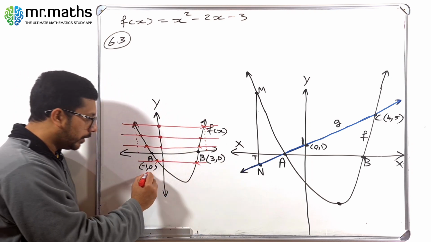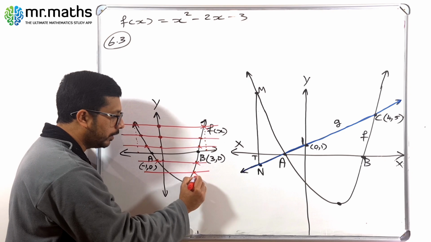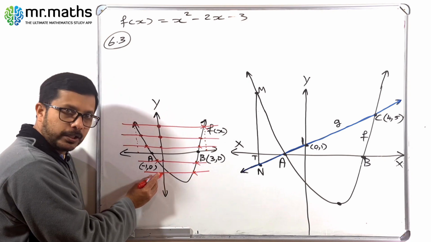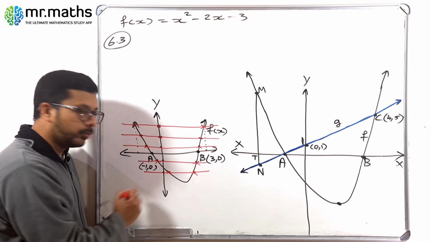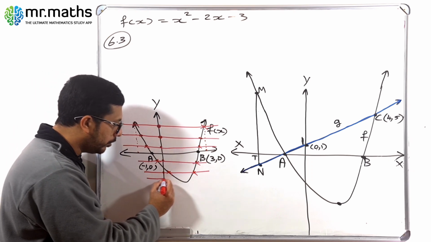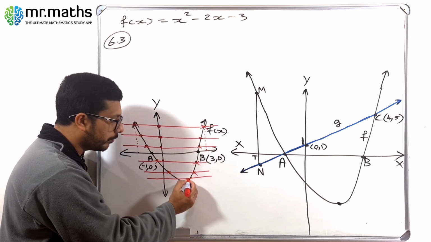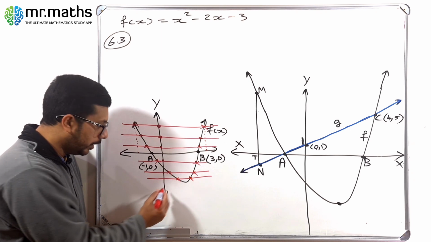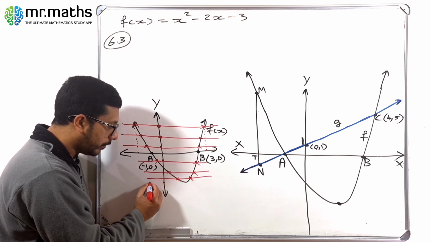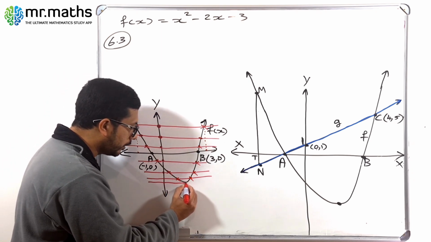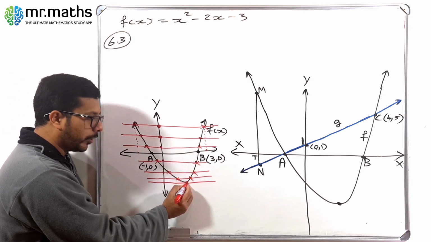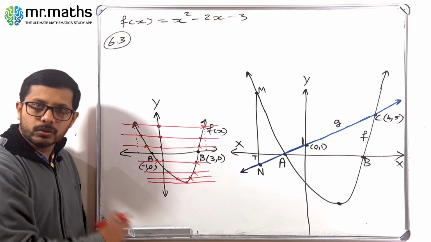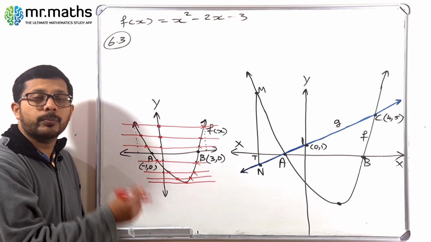If I take a y value here, at this point, I can find 2 points. Here also 2 points. If I take a y value here, how many points on the graph? Only 1 point. Okay, that is also fine. I can find a point on the graph.